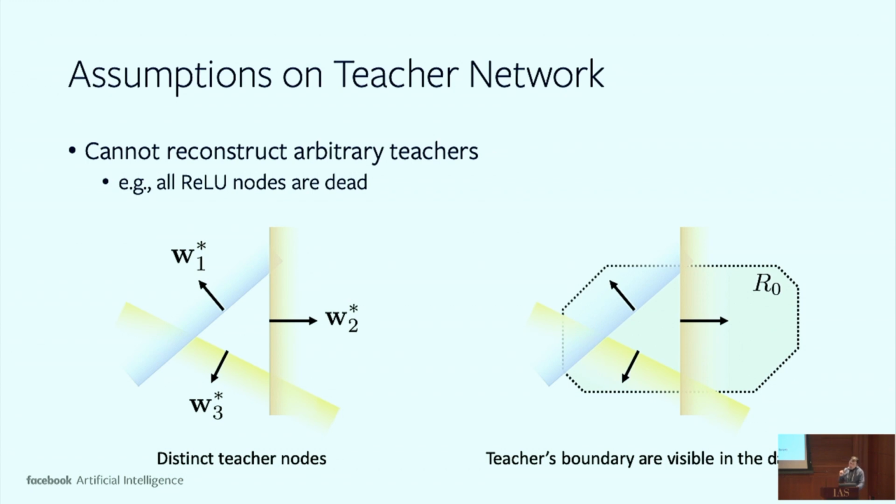They are pointing in different directions and not overlapping completely. This can be satisfied in a trivial manner because we can merge all the teacher nodes that are the same together. The second is that the teacher's boundary has to be visible in the dataset, which means that in the dataset there exists at least one portion of the region that is on the negative part of the teacher, and another portion of the region that is on the positive part of the teacher.